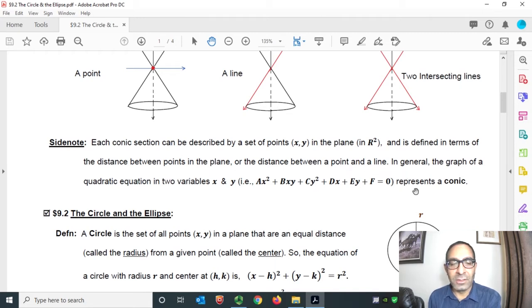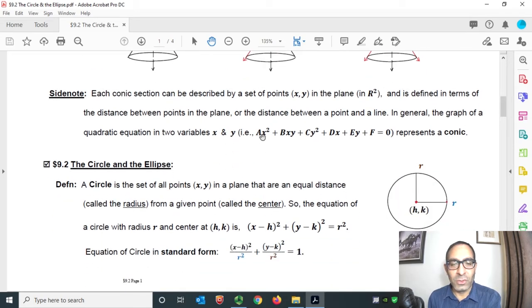In general, the graph of a quadratic equation in 2 variables x and y, such as ax square plus bxy plus cy square plus dx plus ey plus f equals 0, where a, b, c, d, e, f are constants, here the coefficients, represents a conic.